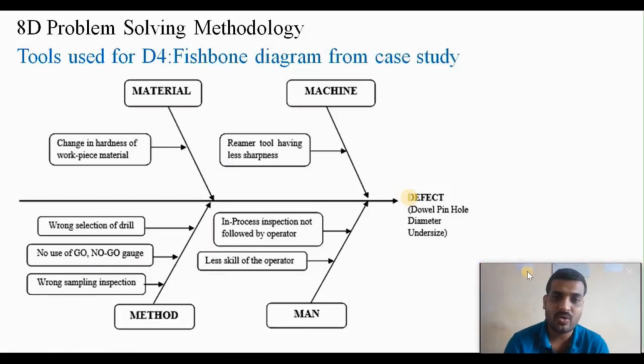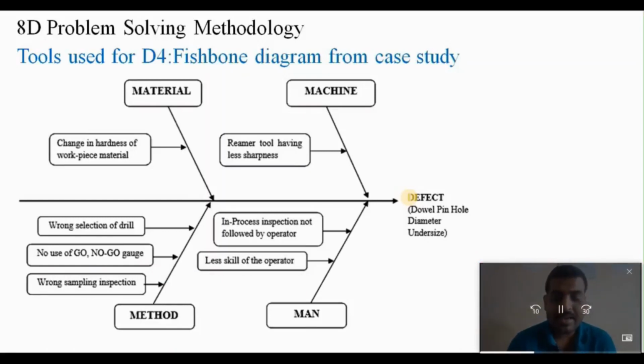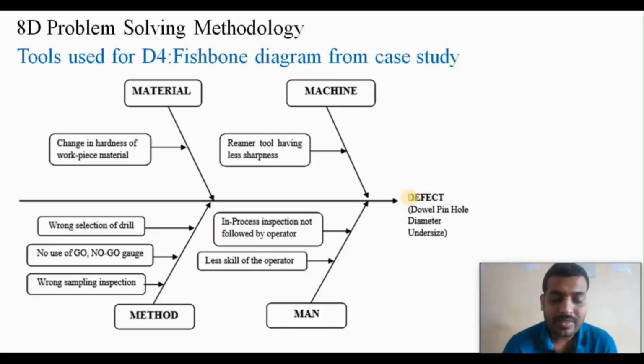Okay, so here you can see at the right hand side the defect is noted, and with this the possible causes through man, material, machine, method. Then you can additionally consider mother nature and measurement as well. With these various branches and possible causes, they have come up with this defect.